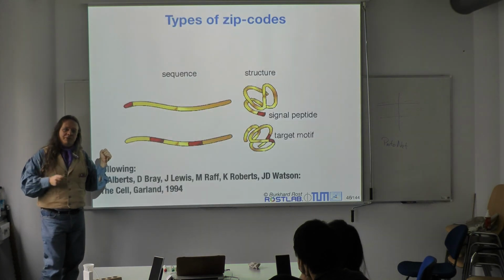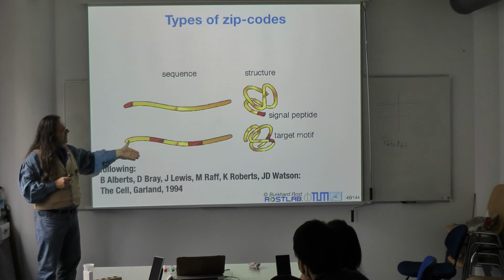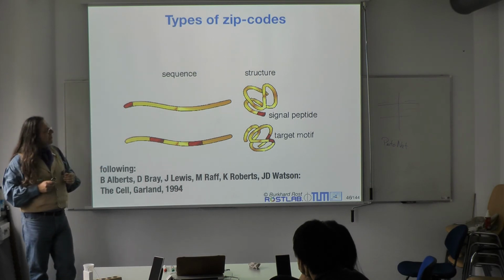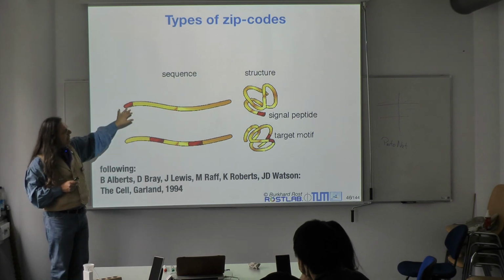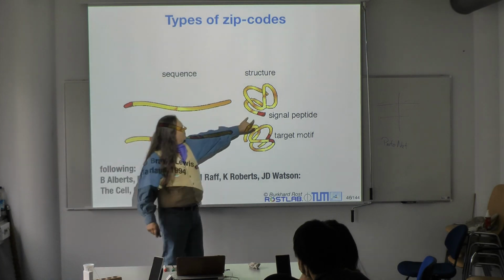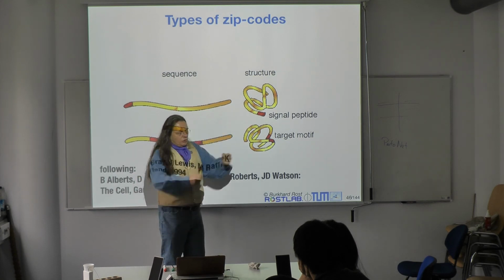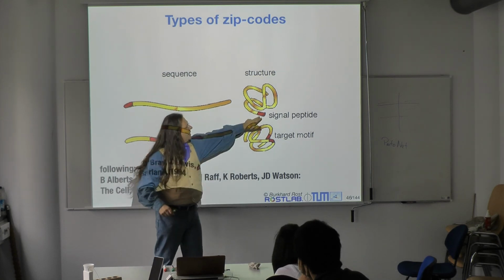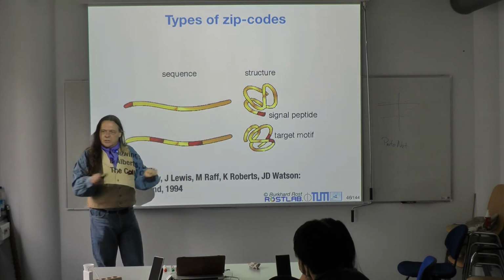Now, there are 2 types of motifs. There are sequential motifs and motifs that you see only on a conformational, that you see only on a structure. What I mean is here, we'll get back to that, is a signal peptide, the motif is in the red, so the thing is folded, the motif is there, the thing is unfolded, the motif is there. Sequential.